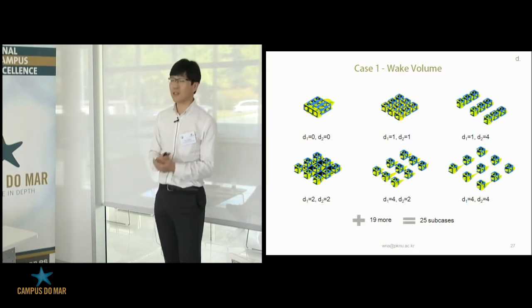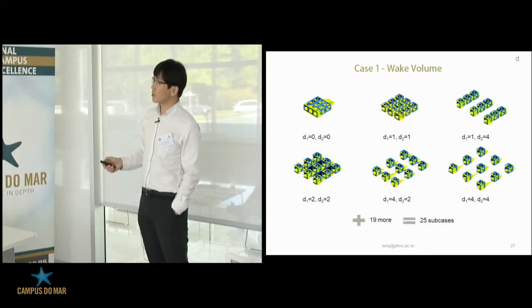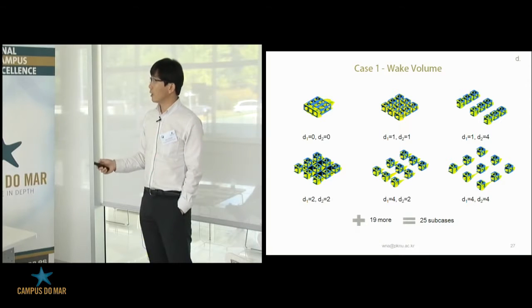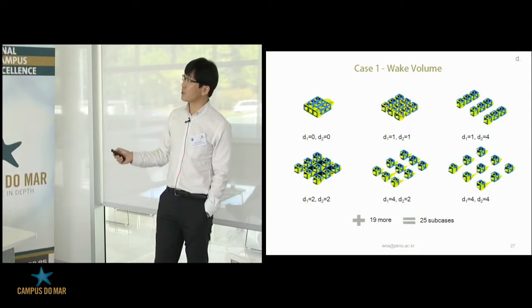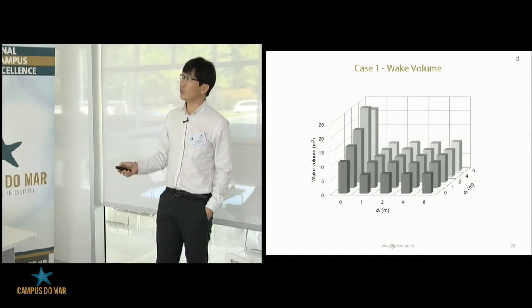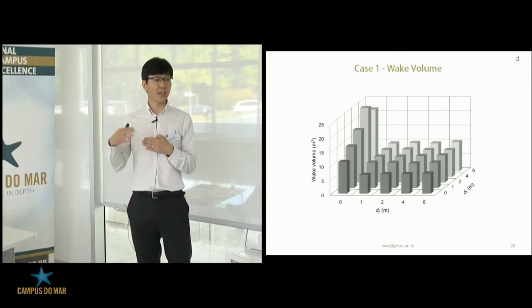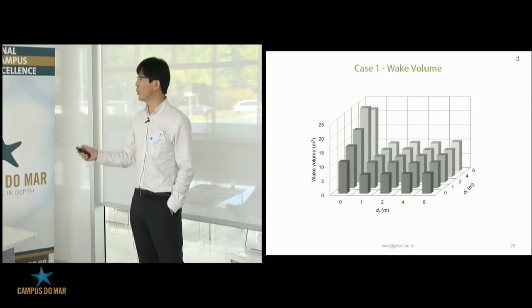And then we investigated the wake volumes. For the first case we constructed 25 sub-cases, something like this way. And then we found this result. The best way is we reduced the transverse interval, but we increased the longitudinal interval.